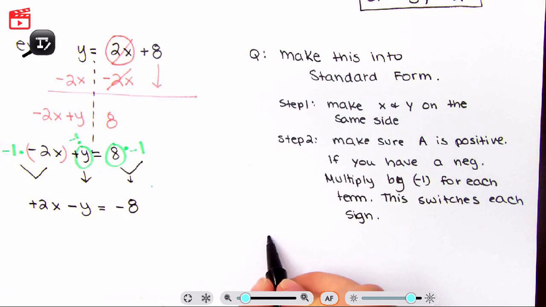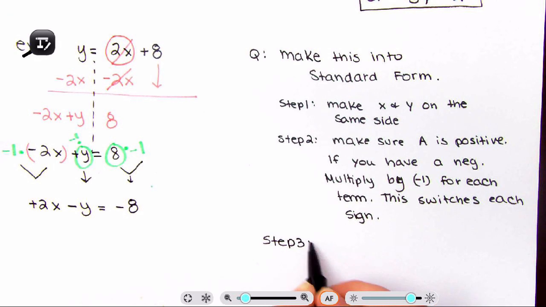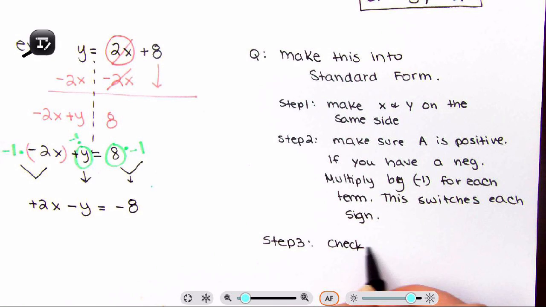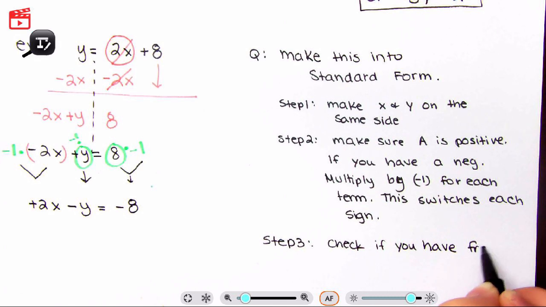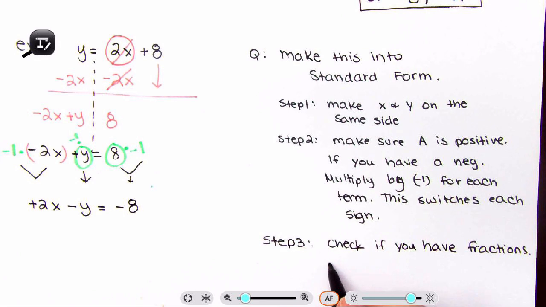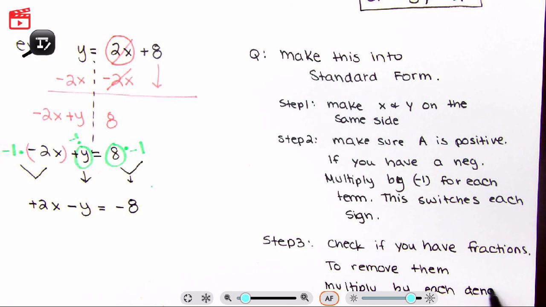So now, step 3, check if you have fractions. So if you have fractions, to remove, multiply by the denominator, by each denominator, one step at a time.